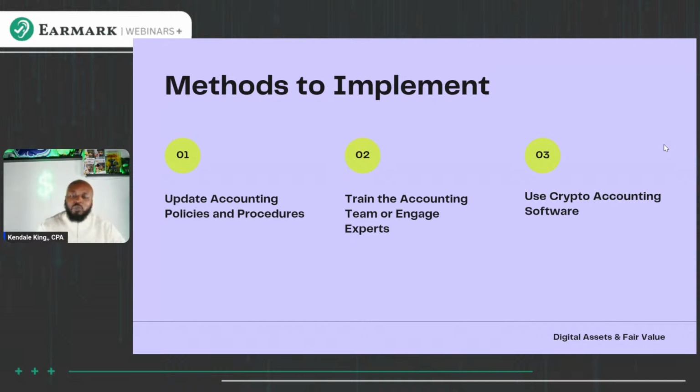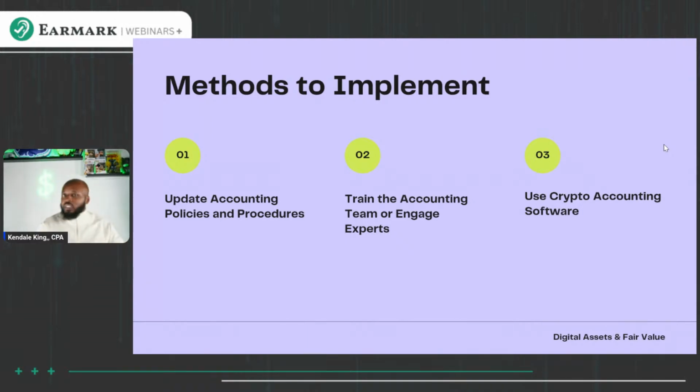And I'm not saying that people don't have pride in their work. I think it's also just that there's a lot of stuff coming and going, and meeting the opportunities. But it is very important that if you are a company who owns crypto or is engaging in crypto, your accounting team has the appropriate training, or you engage experts out there.